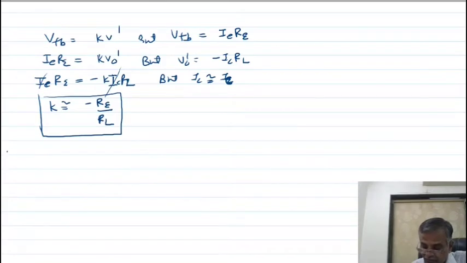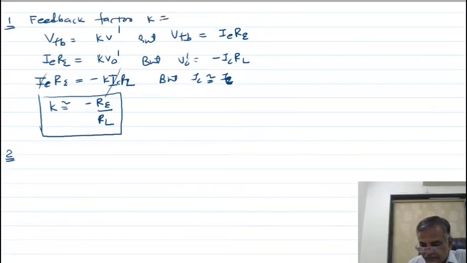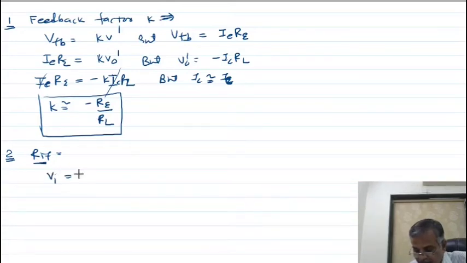Second analysis we want to do. This is called the first analysis: the feedback factor K you calculate. Second, we want to find RIF, the resistance of the amplifier circuit after feedback. So from the circuit you can write VI is nothing but VI dash plus VE, you know this.